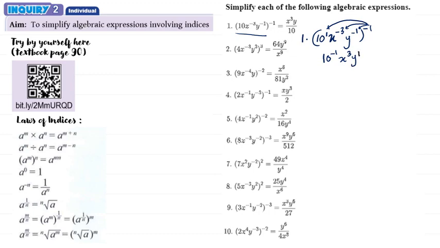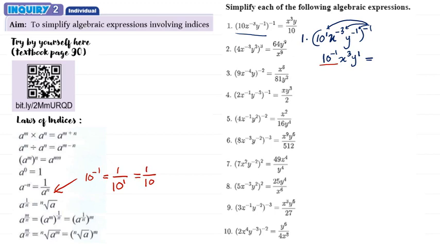So for the first one, power of negative, we should apply this rule. Since we have 10 to the power of negative 1, it will become 1 over 10 to the power of 1, or we just write as 1 over 10.